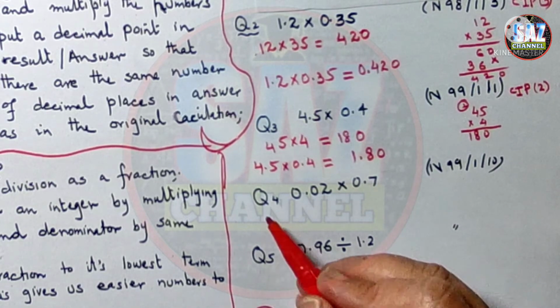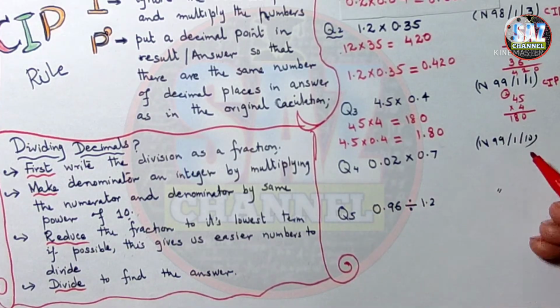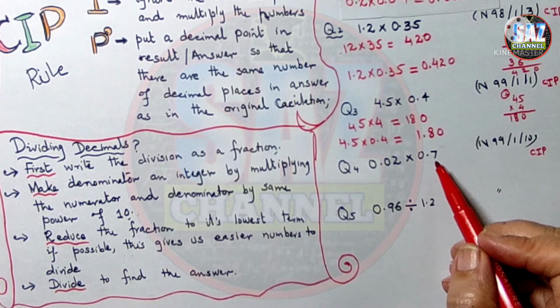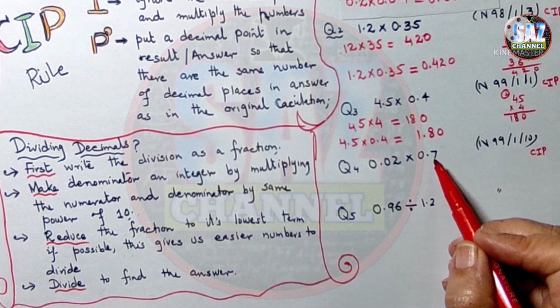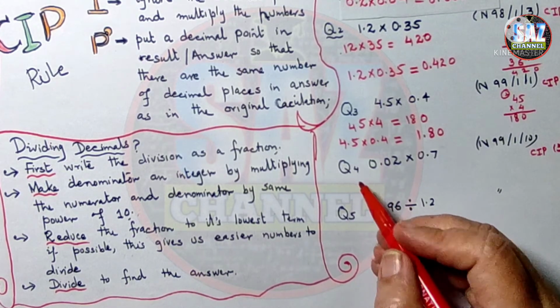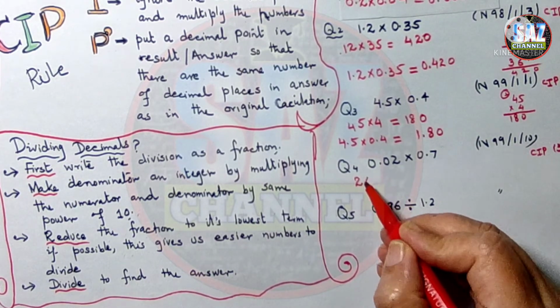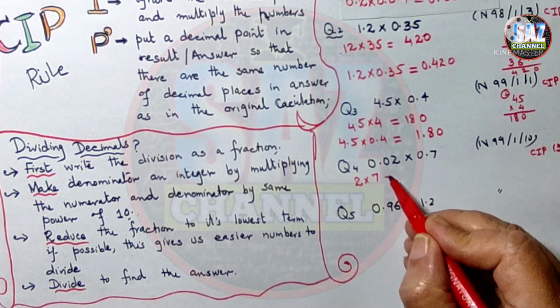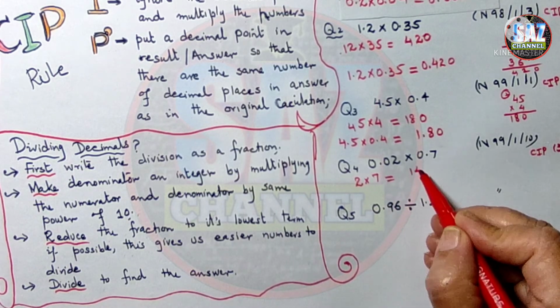Moving to the next question, and that is 0.02 multiplied by 0.7. The CIP rule says that count the number of decimal places in the question: 1, 2 and 3. 3 decimal places, and then I have to ignore, and simply multiply two numbers. 2 times 7 is 14.